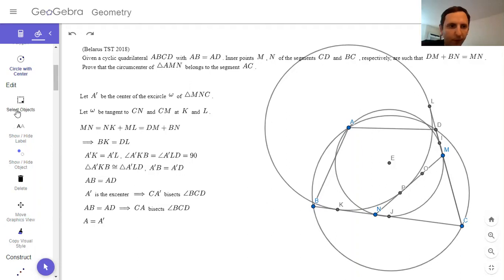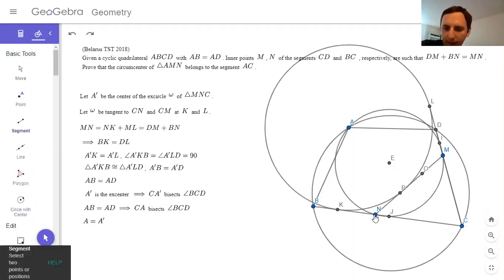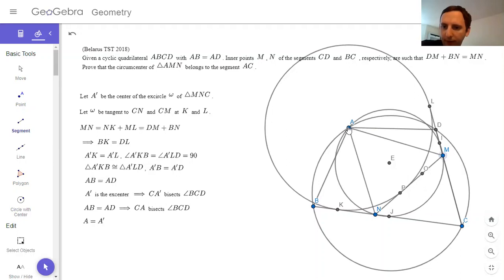Okay, let's see. So NA is an angle bisector. MA is an angle bisector. Make sure that EA, also CA is also an angle bisector. Was it the in-center, excenter lemma? Maybe.